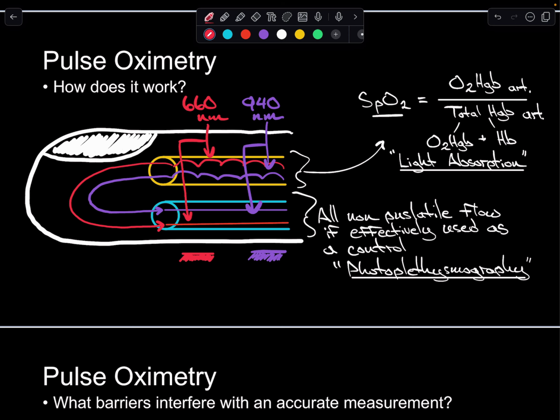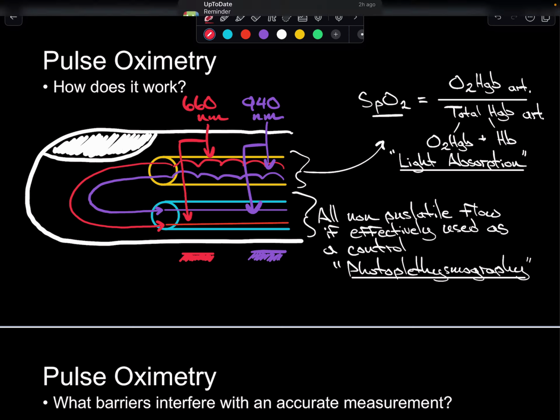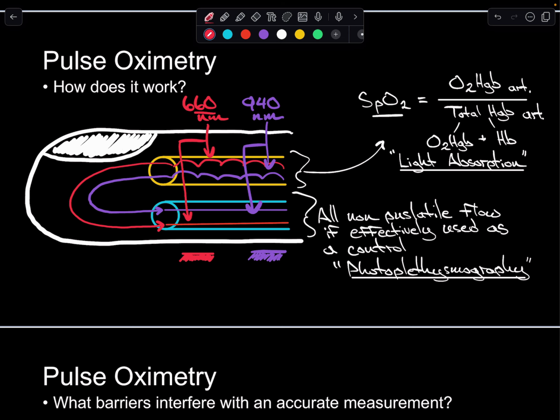So it uses this to determine the percent of oxygen that's saturated with hemoglobin. How it does that is hemoglobin that's bound to oxygen absorbs light at 660 nanometers. Hemoglobin that is unbound to oxygen absorbs light at 940 nanometers.